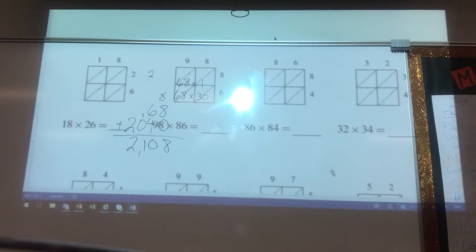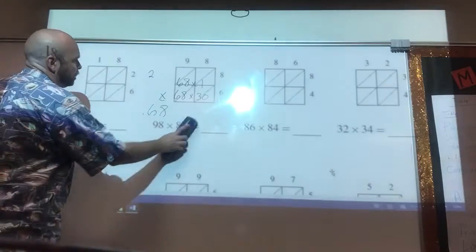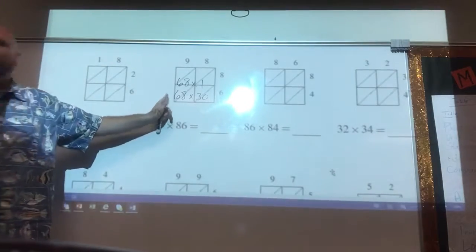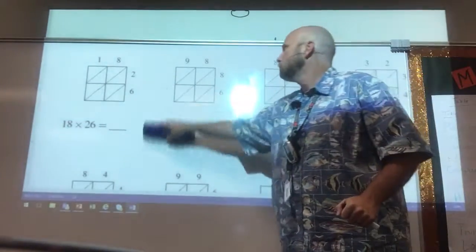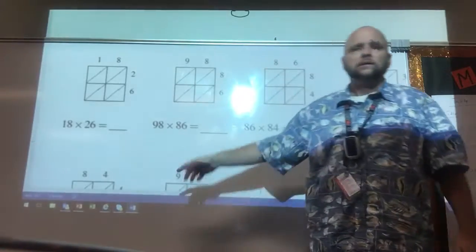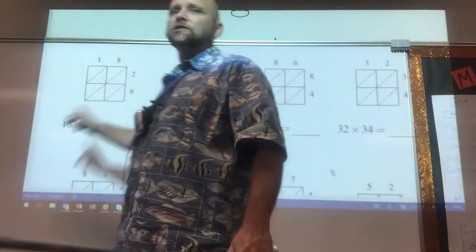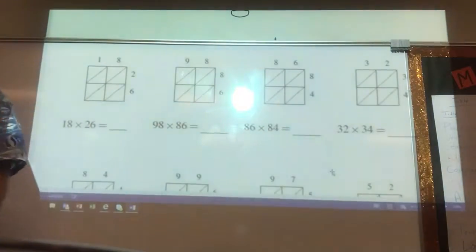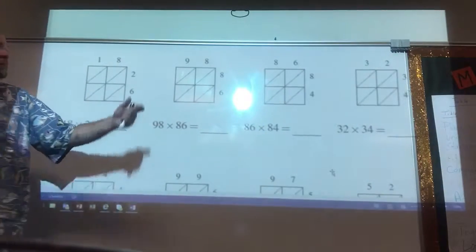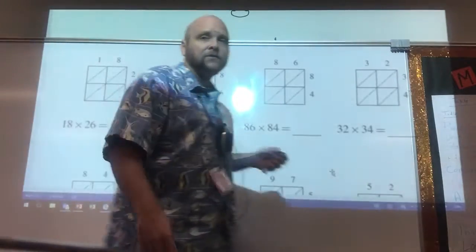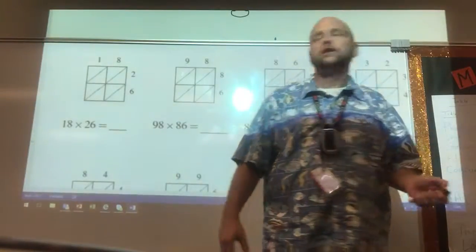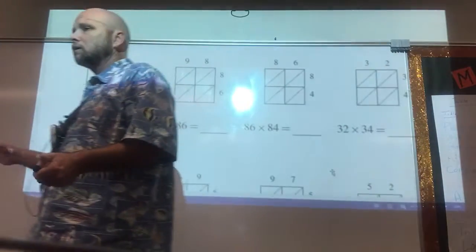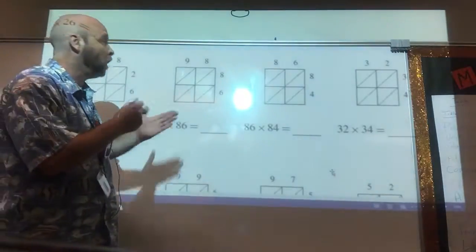So this is another option for you. If you do not like the standard algorithm, if you do not like breaking it apart and then adding your products together, then there's always the lattice method, which is essentially the same thing. But if you know how to draw the boxes for the lattice method, and you use your multiplication chart, you're not going to get them wrong, because it is simply one digit at a time.